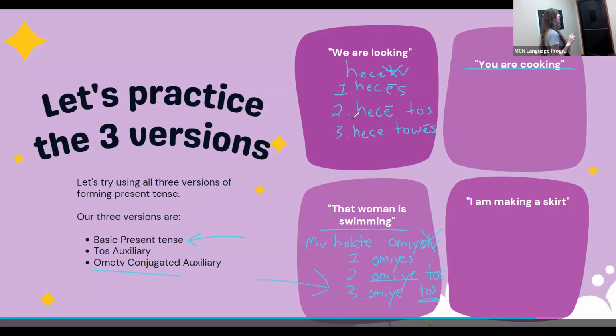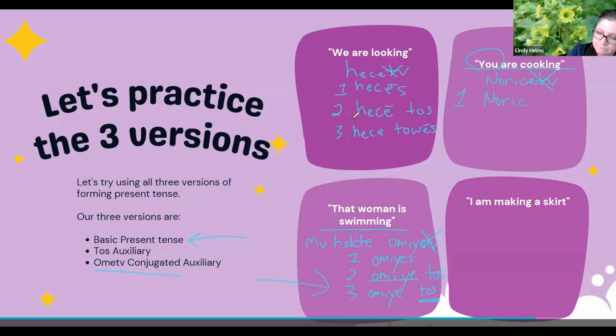You are cooking. The word for cooking is noplagida. Drop our ida. We have noplage. For basic conjugation, what do we do for you? It's itskis.